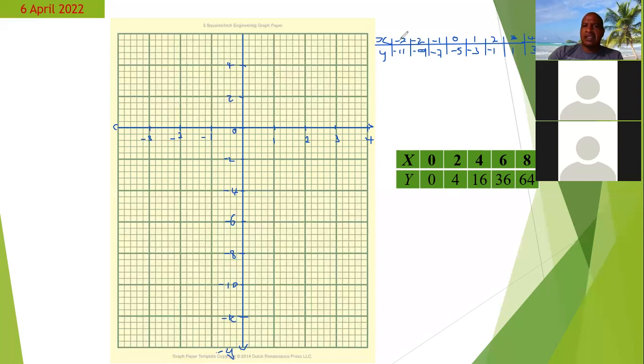Our x-axis starts from -3 up to +4, so if you want, you could put -4 at the end here. This is our arrow tip here. We label our axis: this would be our positive x, over here would be our negative x, below would be our negative y, and above would be our positive y.